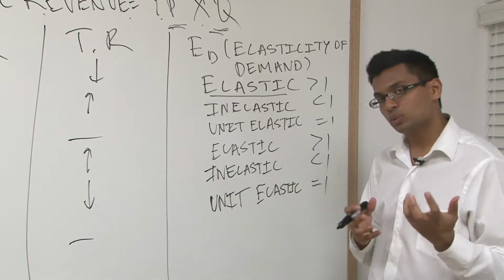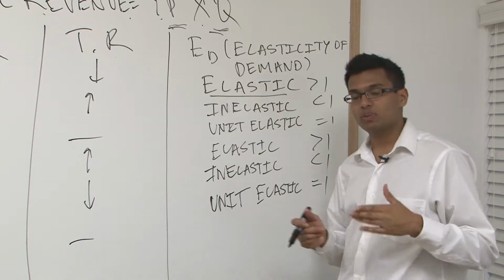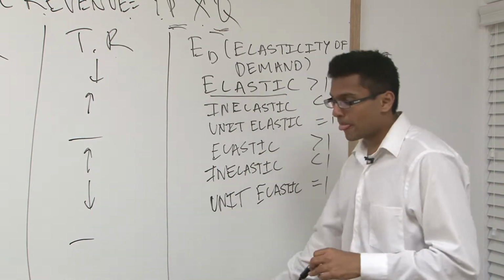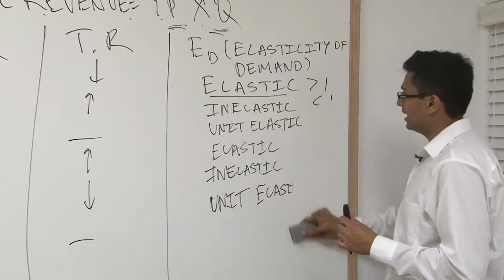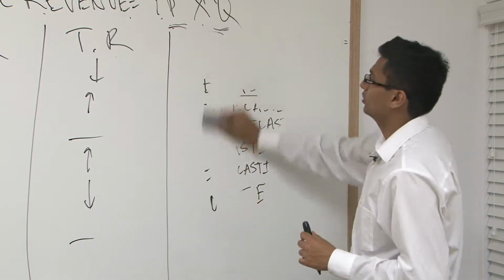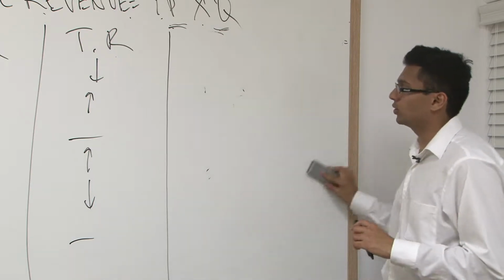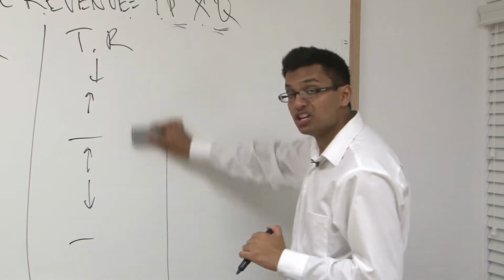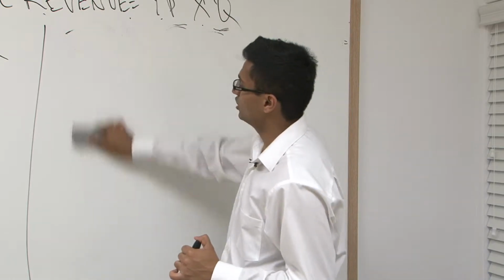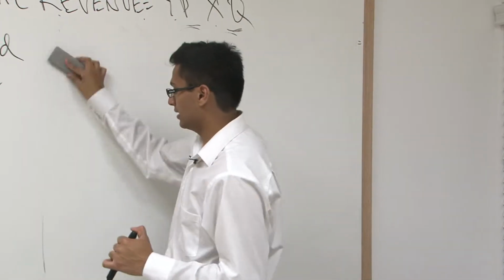You might see this in a multiple choice or a free response, but either way, it's really important in understanding elasticity, okay? That being said, the next thing I'm going to show you guys is a graph. And the graph will go over the regions of a demand graph, and how you can try to show the elasticity, okay?